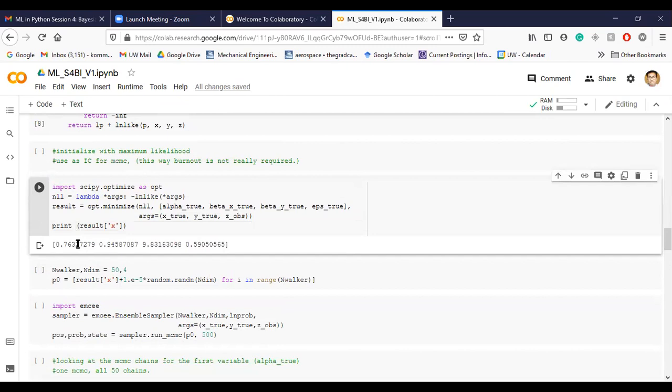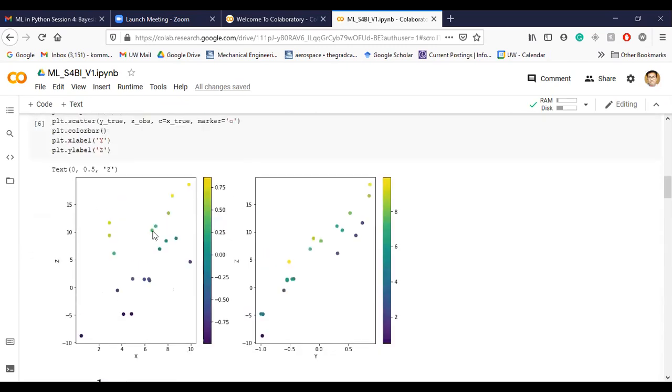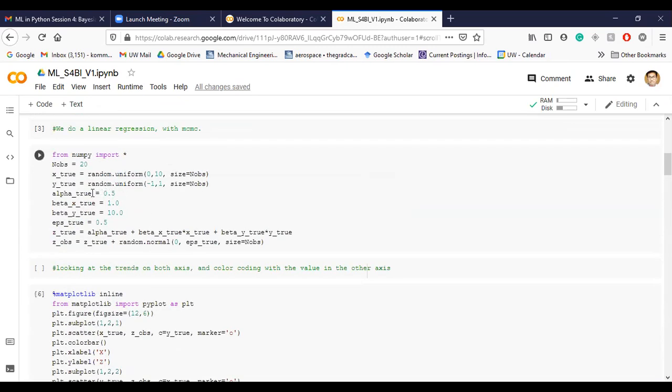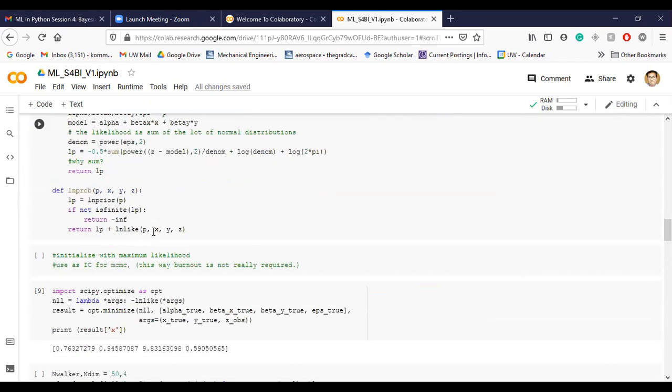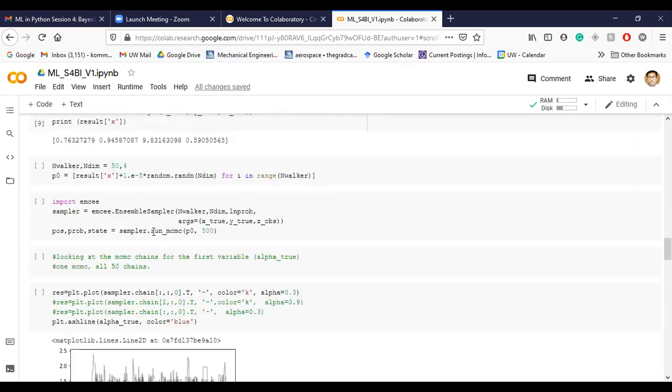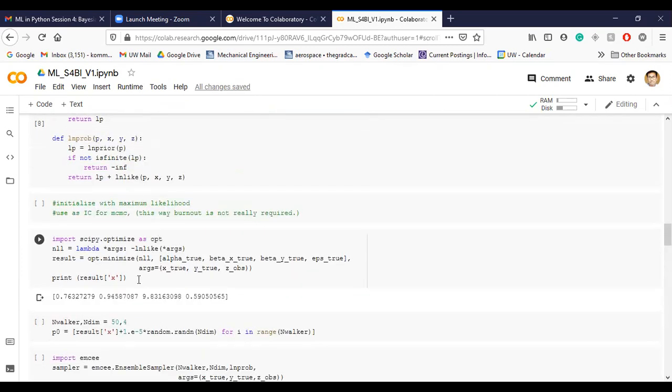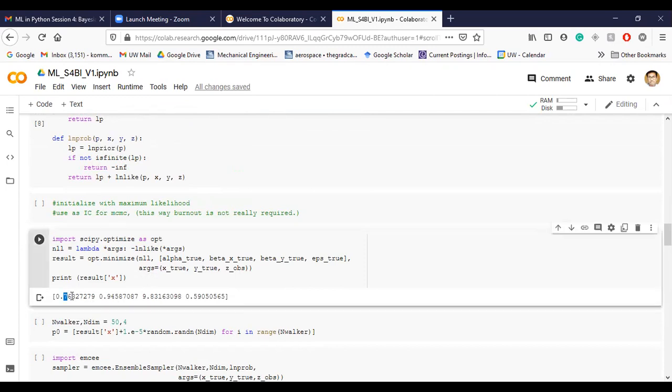Let's go back and see what our parameters were. We had alpha was 0.5, beta x was 1, beta y was 10, and epsilon was 0.5. And let's look at what SciPy is returning us. SciPy says that alpha is 0.7, which is not true.